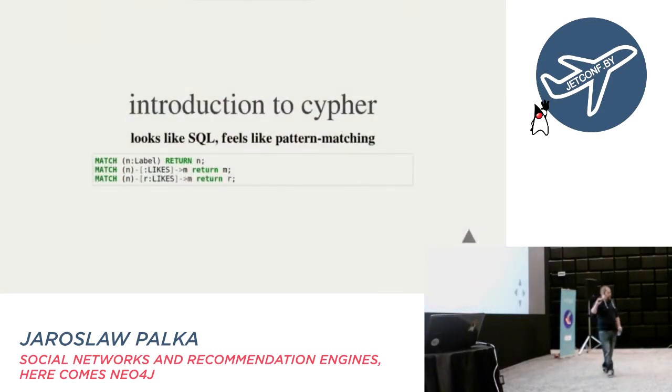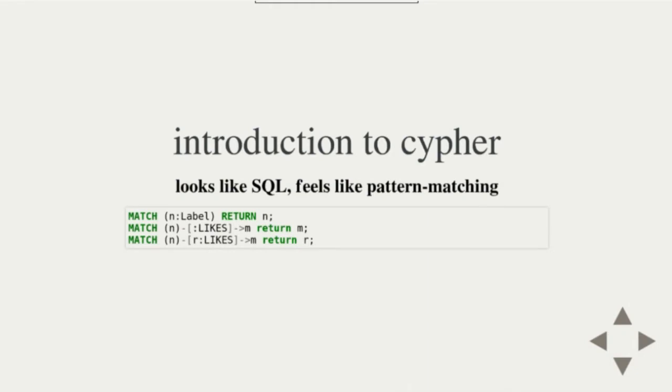Quick introduction, and then we'll move to code. Basically, it looks like SQL, feels like pattern matching. The trick is that what you say in Cypher, and this is the way it is different from Gremlin, is you ask a question: find me a part of the graph, a subgraph, which matches my expression.